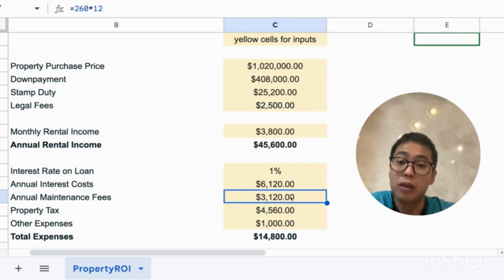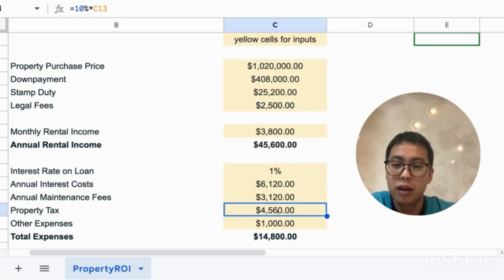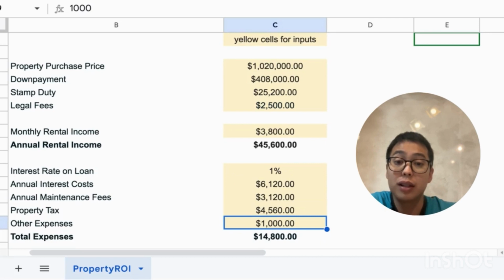Of course, don't forget the maintenance fee, right? People help you throw the rubbish, maintain, and if you stay in a condo, people help maintain the swimming pool, barbecue pit, and so on. You pay maintenance fee. And of course, just now I mentioned property tax and other expenses. So this one is any other things you are paying because of this property that you own.